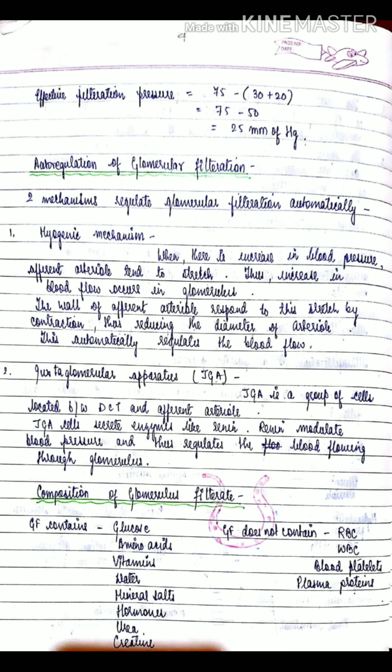Now, the composition of glomerular filtrate is glucose, amino acids, vitamins, water, mineral salts, hormones, urea, and creatinine. And after filtration, the substances that have been removed from the filtrate are RBC, WBC, blood platelets, and plasma proteins.